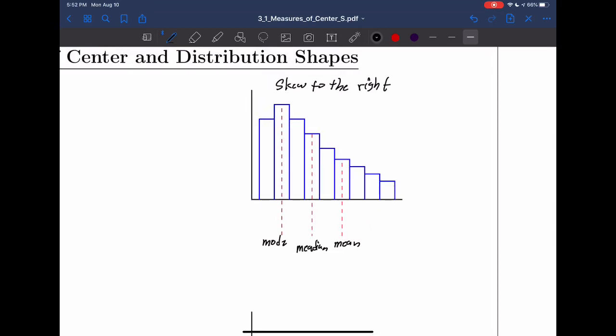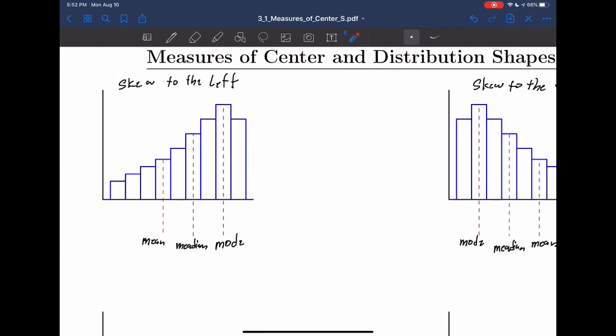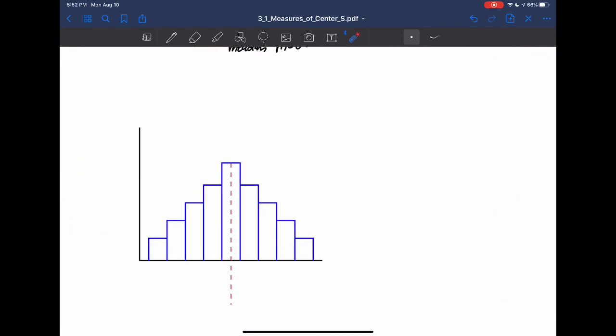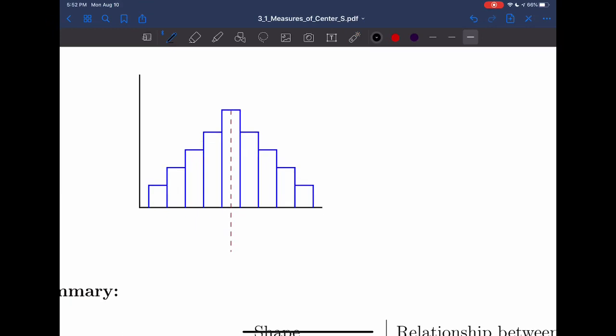Notice that when you're skewed to the right, your mean is higher than your median, but when you're skewed to the left, your median is higher than your mean. And if your histogram is symmetric, then your mean and median are the same. And in this example, your mode will also be the same, but that doesn't happen all the time.